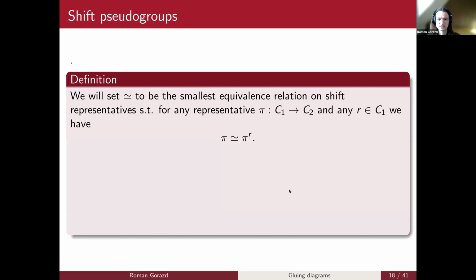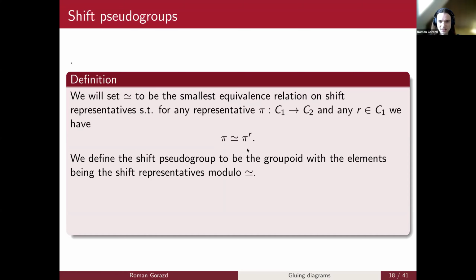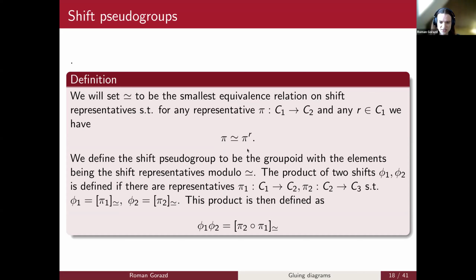So this gives us an equivalence relation, the smallest equivalence relation where the expansion and the underlying representatives are the same. And this way we define the shift pseudogroup to be those elements modulo this equivalence relation.